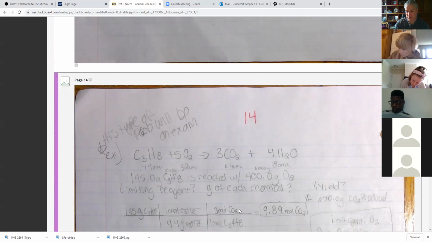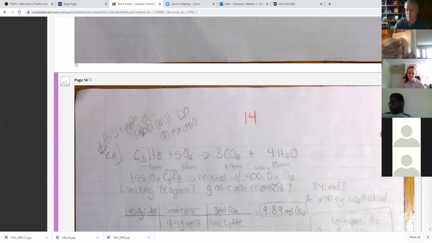I picked CO2 here. Doesn't matter, you could have picked water. Run through the calculation. This calculation is telling me that from my 145.0 grams of C3H8, I could possibly make 9.89 moles of CO2.